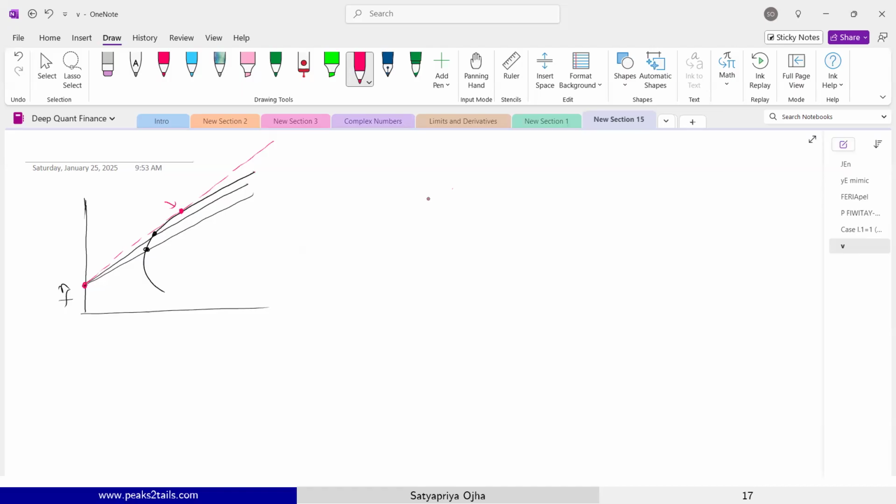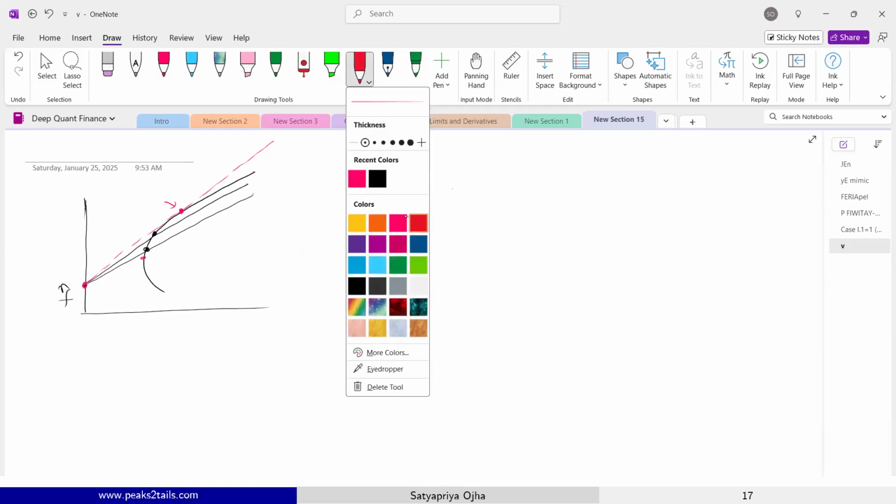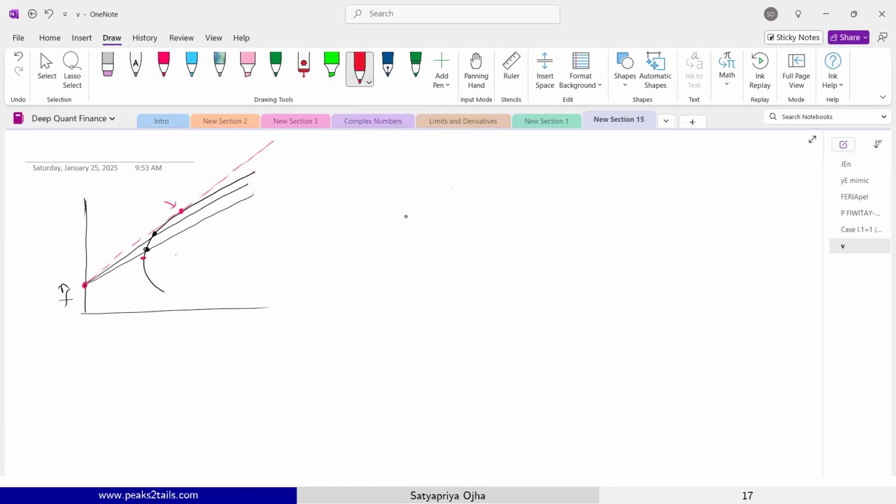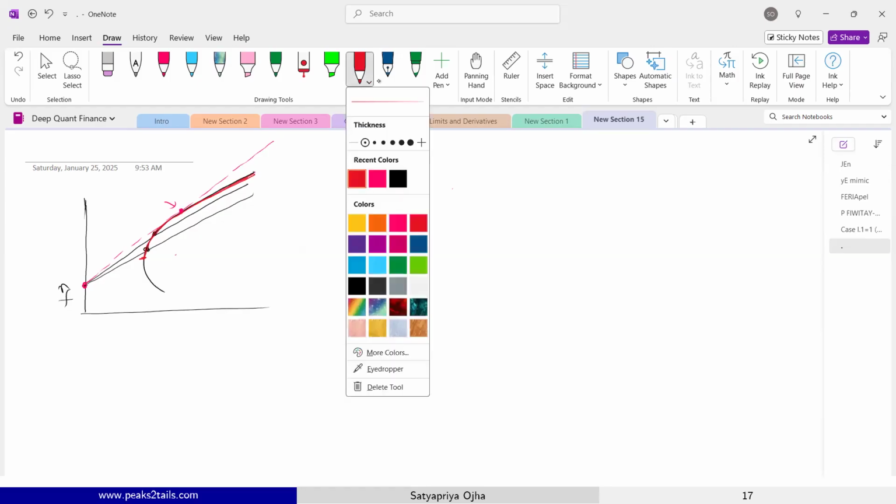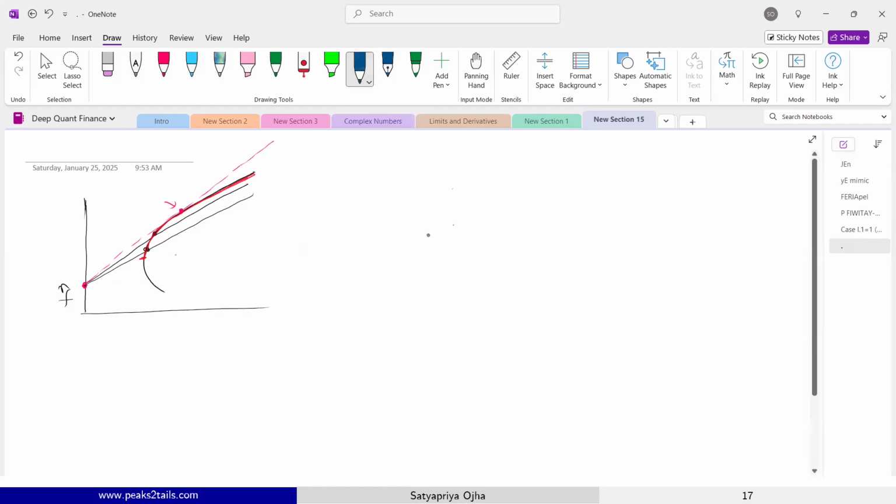Actually, not best efficient, it's kind of redundant. The new efficient frontier is not on this hyperbola. So earlier we had this line, right? From the global minimum variance portfolio, from here to here, this was our efficient frontier. But we have something better now. By combining the risk-free asset, my new efficient frontier is, let me draw with a green line maybe. This is my new efficient frontier, guys.